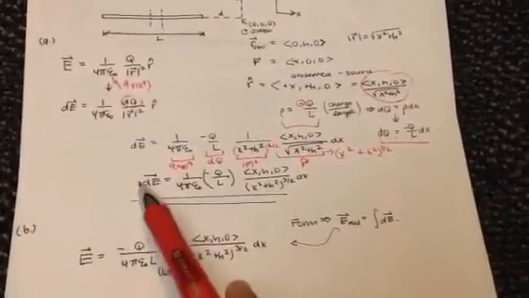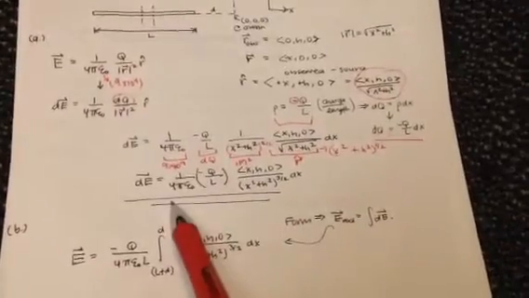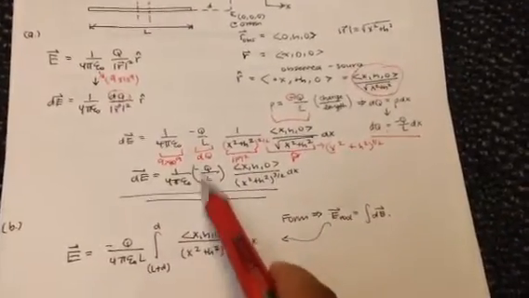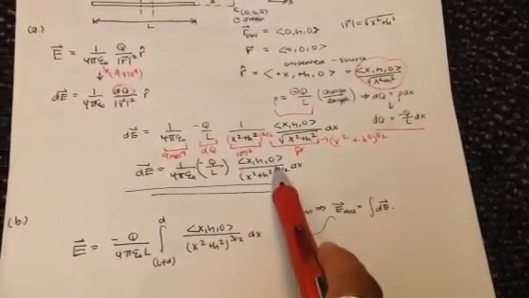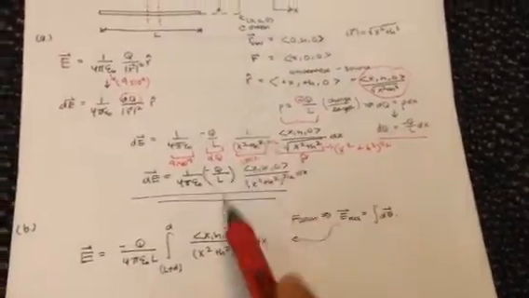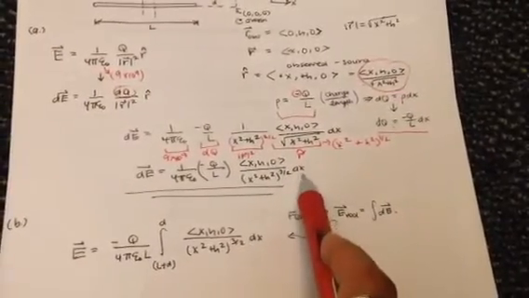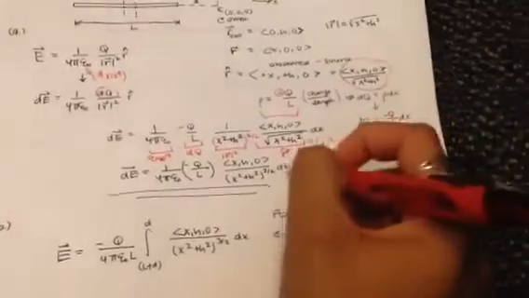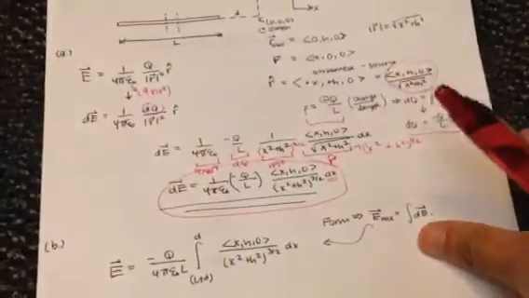So dE, the derivative of the electric field, is equal to this constant times negative q over L, which was our dq, times these coordinates, which is our r hat, divided by x squared plus h squared to the 3/2 dx. dx is our integrating factor. Okay? And that's all there is to it for part A.